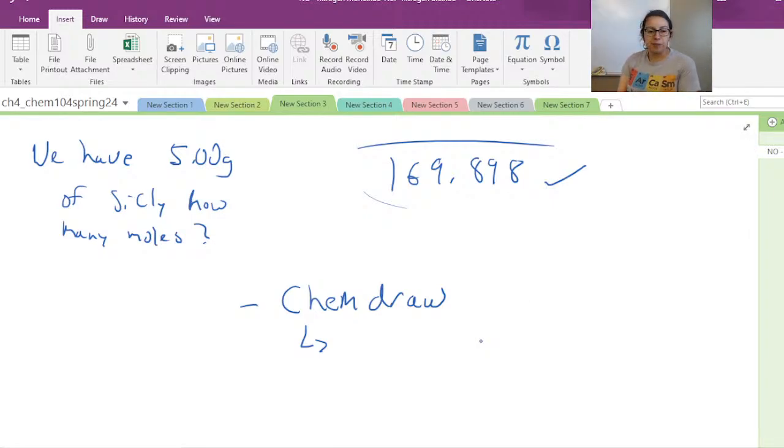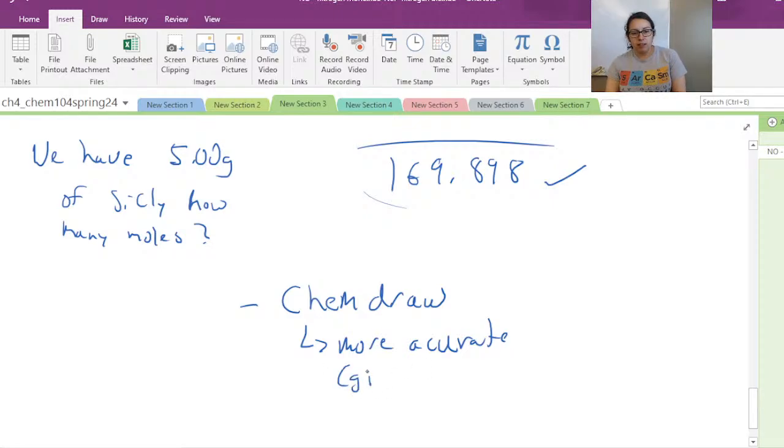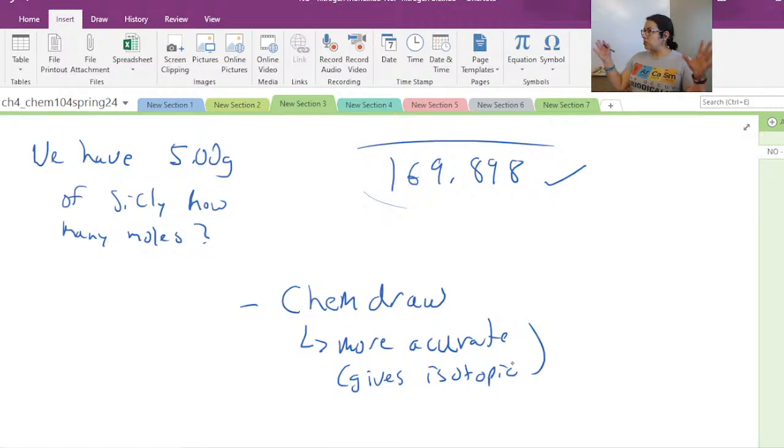So it's more accurate and gives isotopic distribution. But that's a little beyond this course. We don't care about that level of accuracy. We just need a general rounded mass. As long as you're somewhere in the ballpark of 170, you're fine.